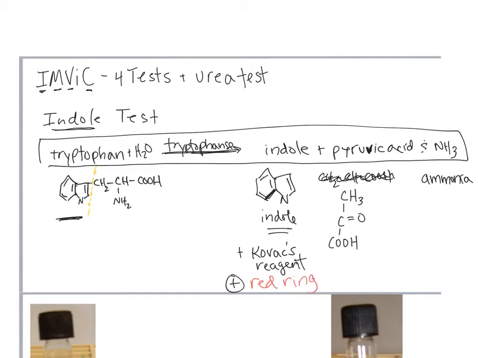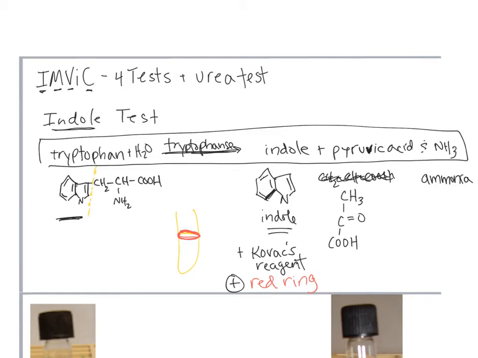So you've got a broth tube with broth that's been enriched with tryptophan. You'll inoculate that like you do a normal broth, and then that Kovacs reagent, you're going to add about 5 drops, and really just want to lay that on the top there. You don't want to shake that up at all because we're just looking for that red ring to be sitting right on the top.